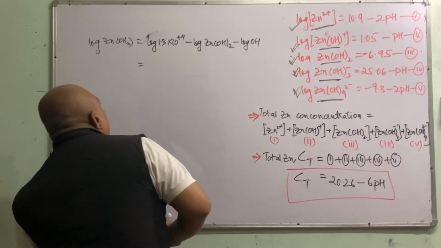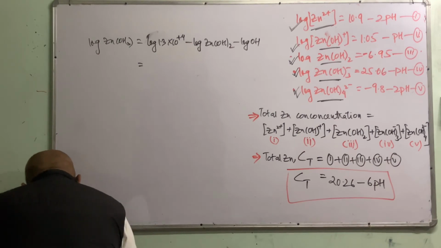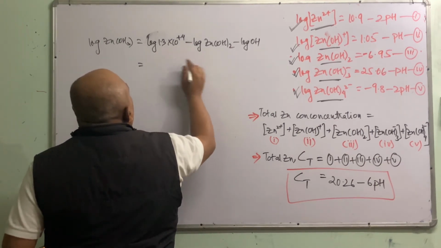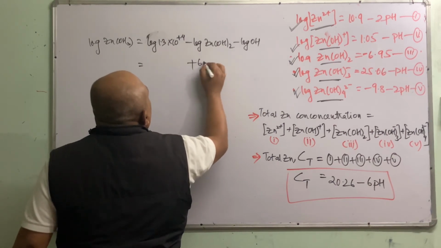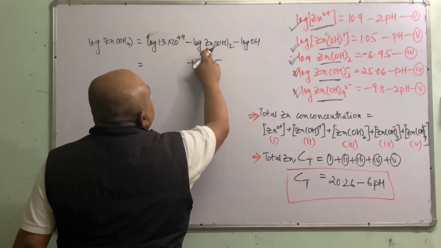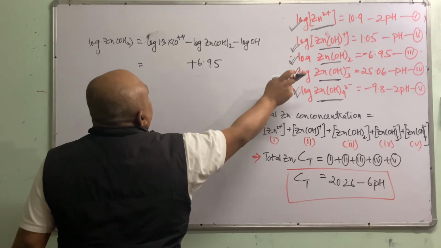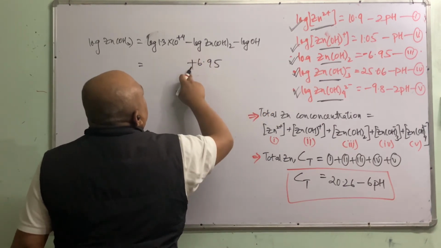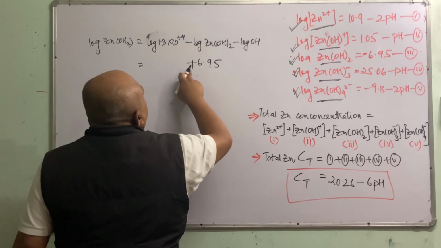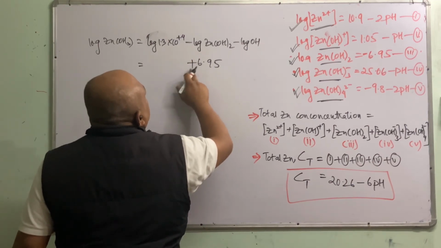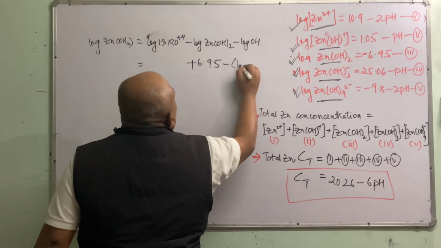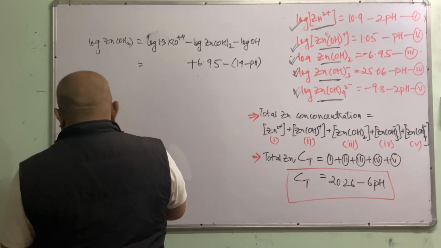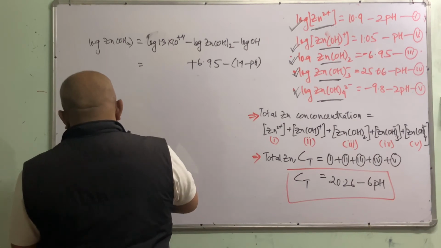ZnOH2 is correct, minus 6.95. This is minus 6, so it will be plus 6.95. This is 14 minus pH. Okay, so it may be correct, I don't know.